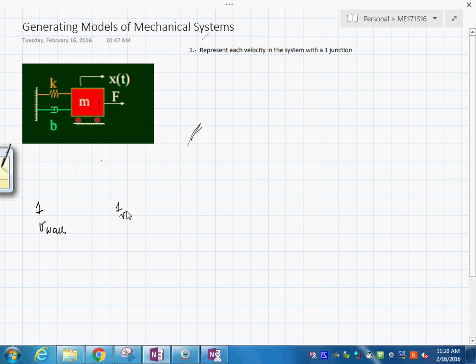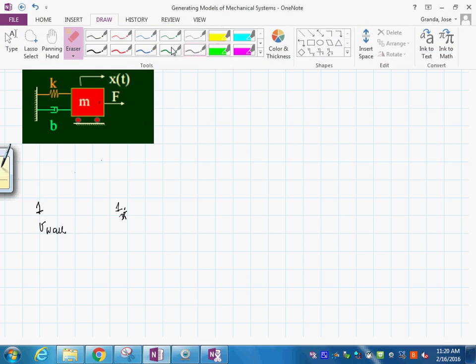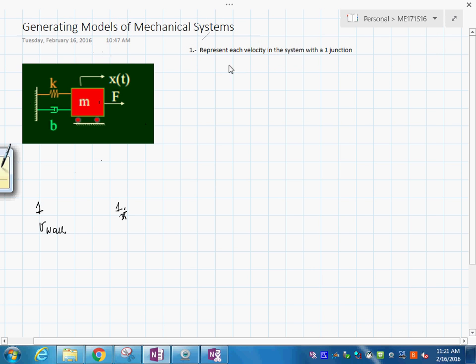And so that's the first step that we are taking, to use a one junction for each velocity here. So now what we need to do is put a step number 2.